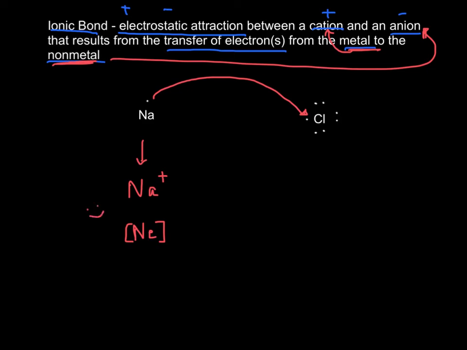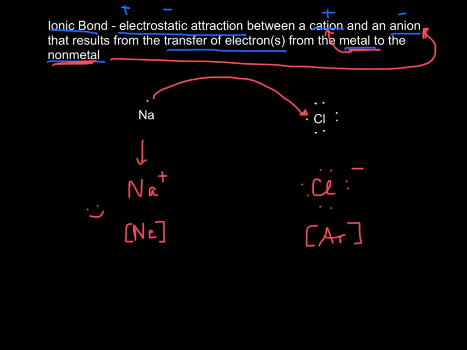Now chlorine has 8 electrons, so instead of chlorine, it's chloride, and it's stable like argon. So this is called the octet rule.